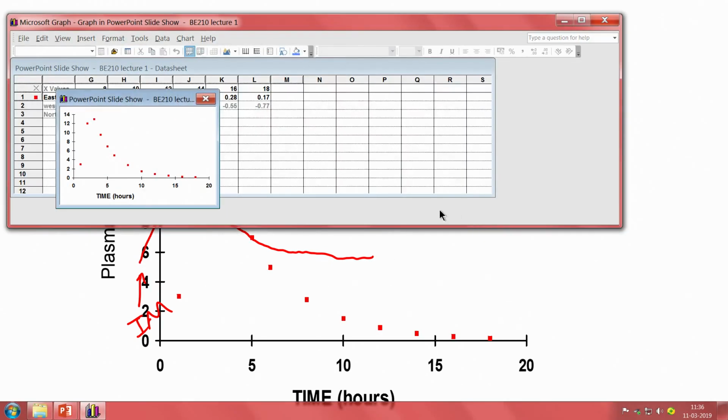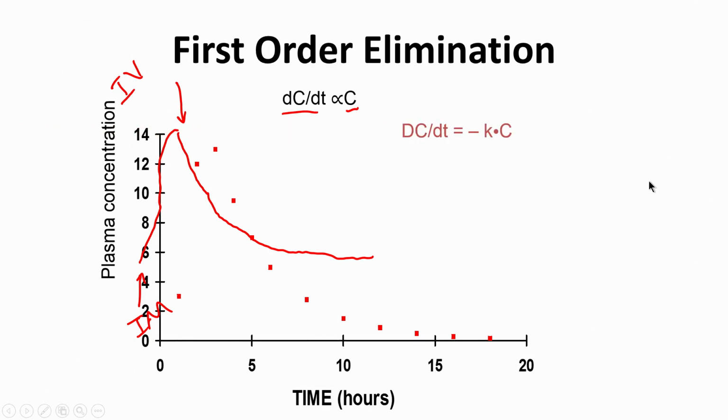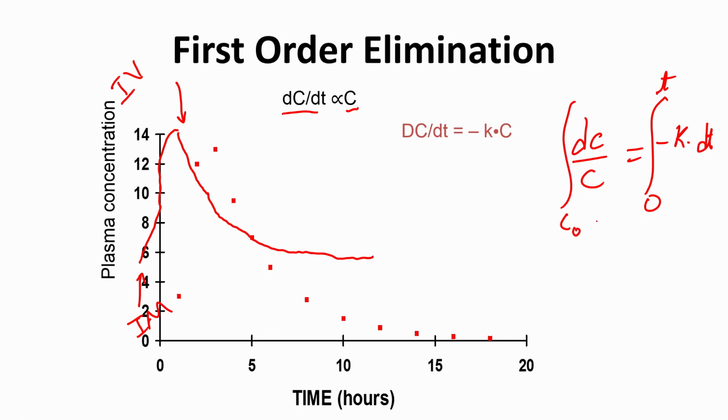If we have to express it mathematically, again dC by dt is equal to minus k, since the concentration is decreasing, multiplied by the concentration. To integrate this, I can separate out the variables. So this becomes dC by C is equal to minus k times dt, and then if I integrate both sides, time goes from 0 to t, and concentration goes from the initial concentration C naught to some concentration C at a time t.